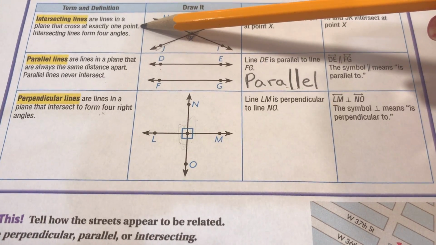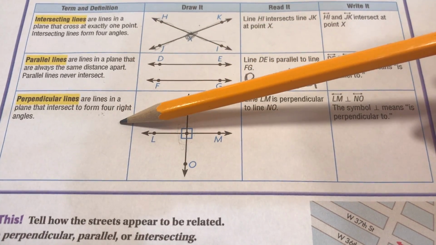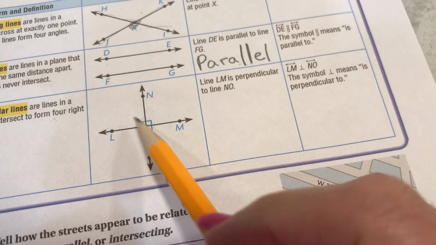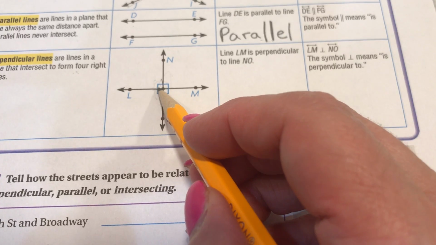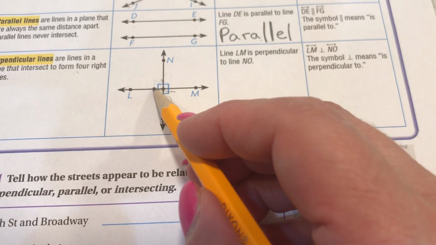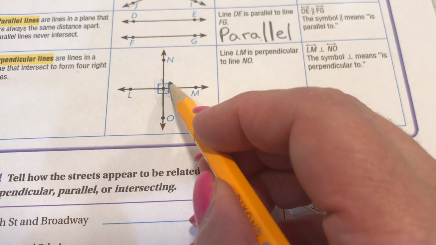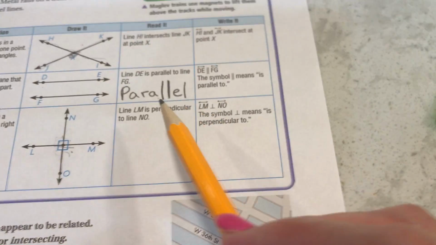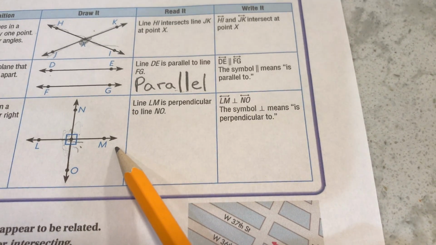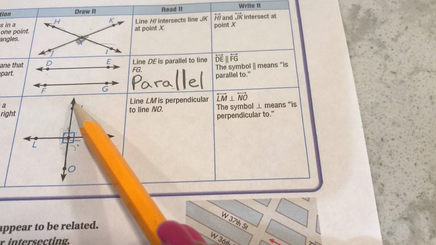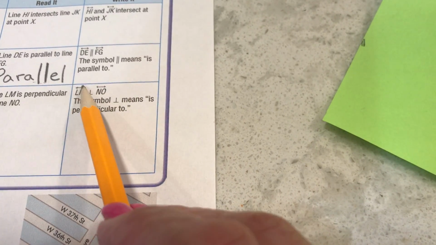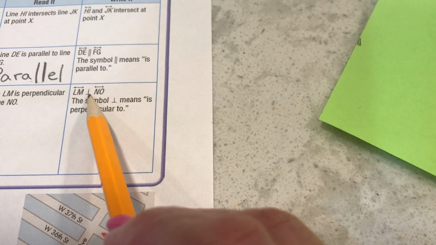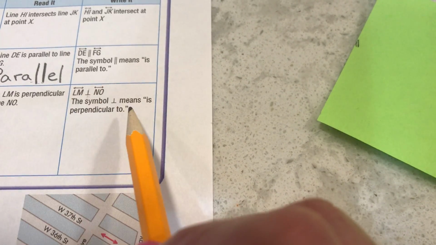But intersecting lines, they don't have to be perpendicular lines. So again, what makes it perpendicular is you can see here that they intersect and form right angles, 4 of them. 1, 2, 3, 4. So line LM is perpendicular to line NO, and then this is how we write it. So here's the line icon. That upside down uppercase letter T means is perpendicular to.